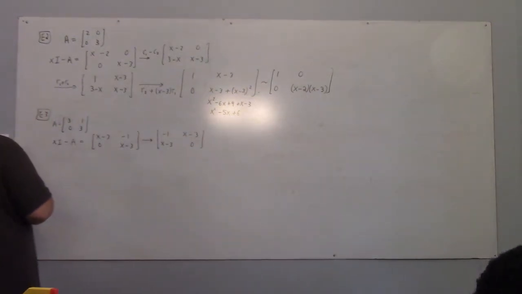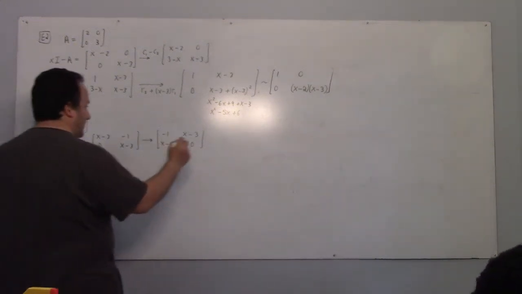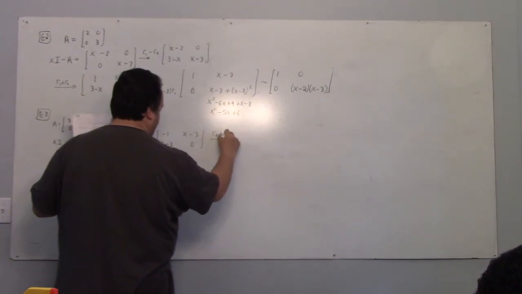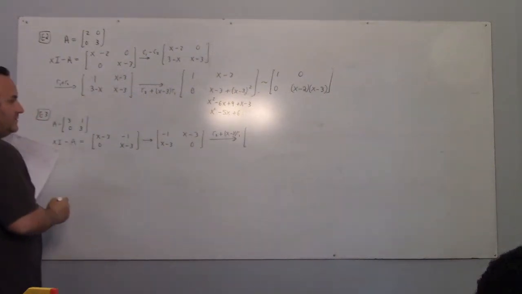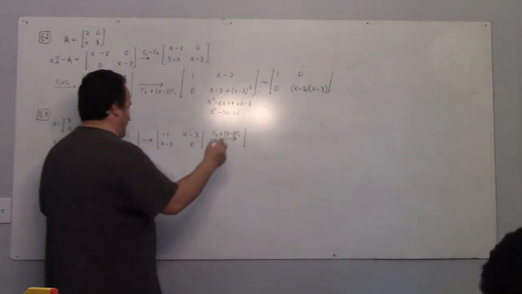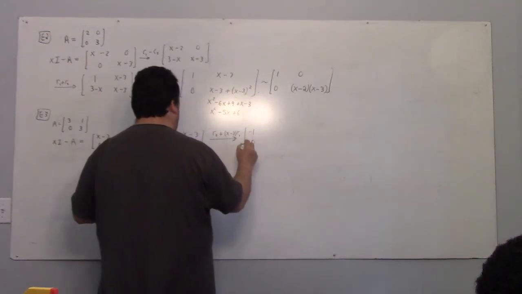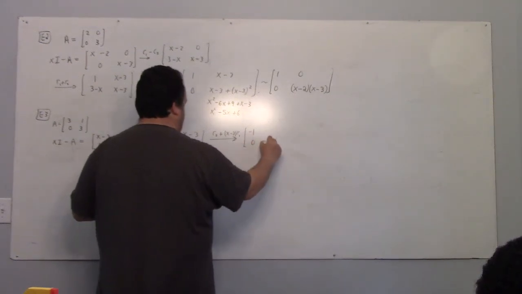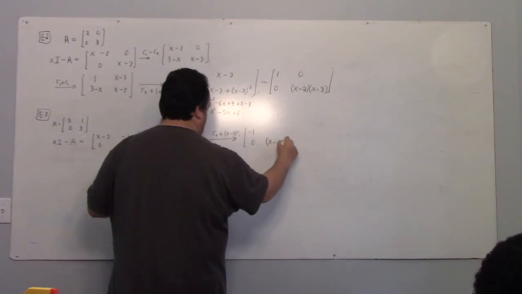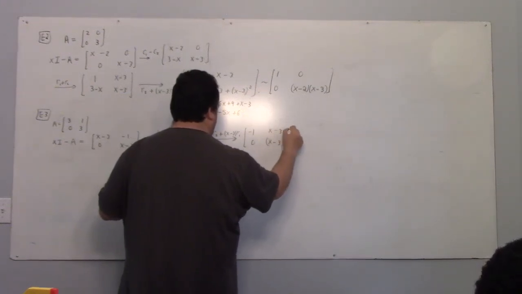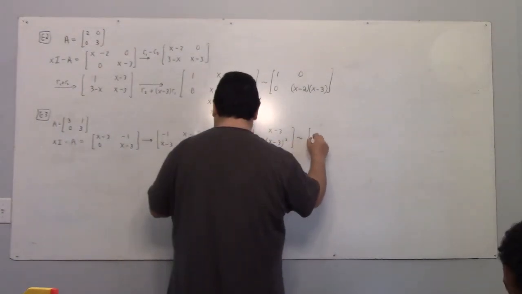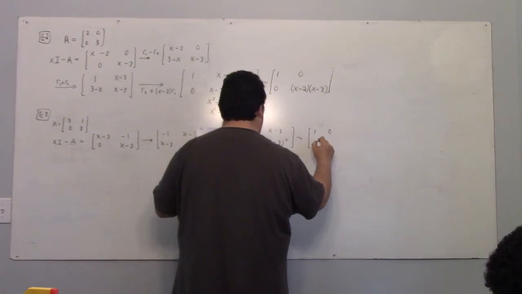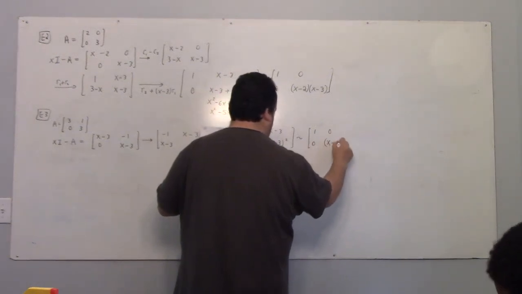And then I did row 2 plus x minus 3 times row 1. Why is that helpful? Because it makes that 0, doesn't it? Minus 1, 0. And we get x minus 3 squared here, don't we? Which then is equivalent to 1, 0, 0, x minus 3 squared.